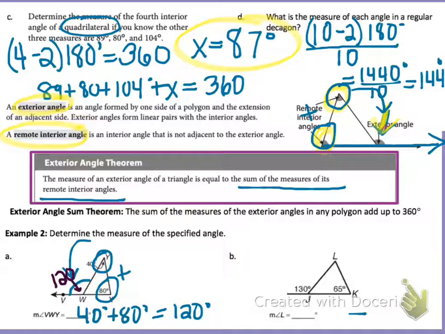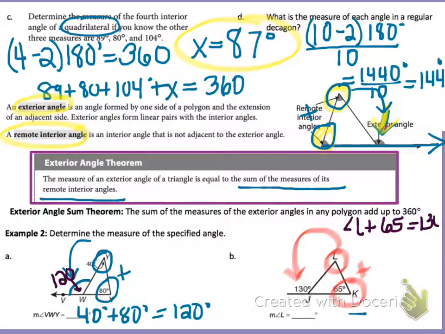In this next example, they actually want us to find the measure of angle L. What I know for sure is that angle L and K, if I add them up, equal this exterior angle, which is 130 degrees. So I could write an equation: angle L plus angle K, which is 65 degrees, is equal to 130.